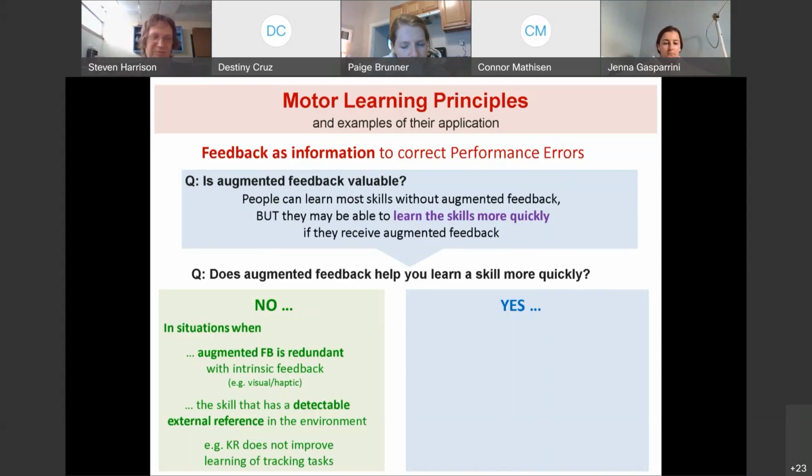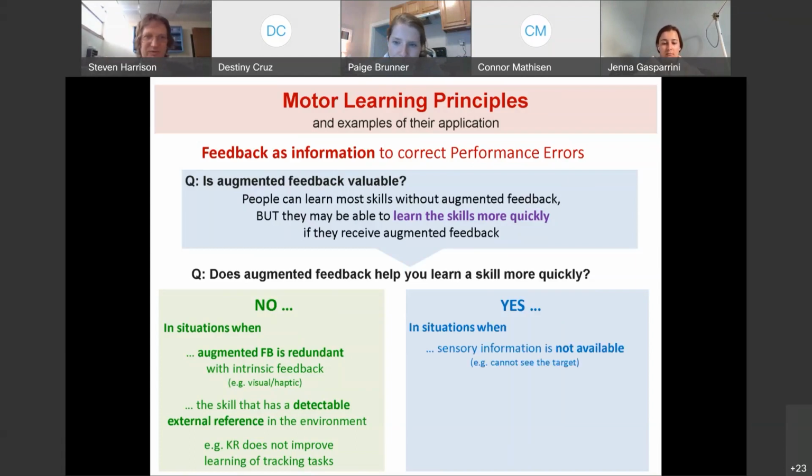In that case, you're visually able to see how your movements are lining up with the target that you have. So you're getting a lot of information from vision about how effective the action is. Providing additional information on top of that is potentially redundant.